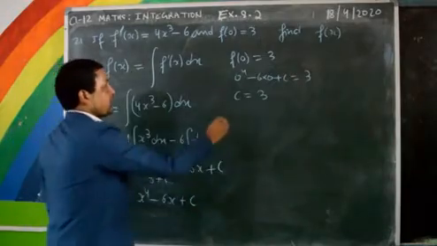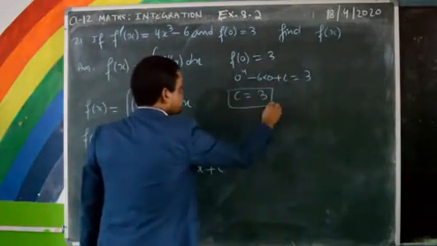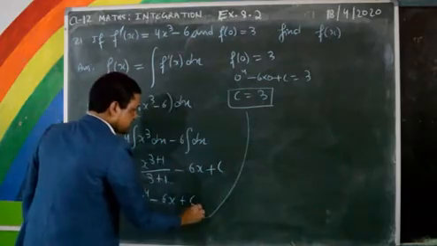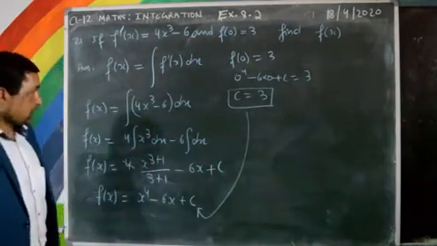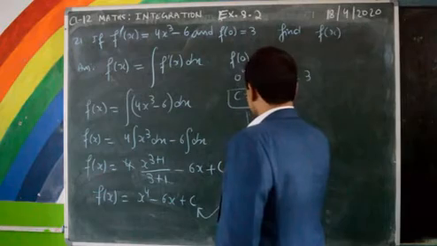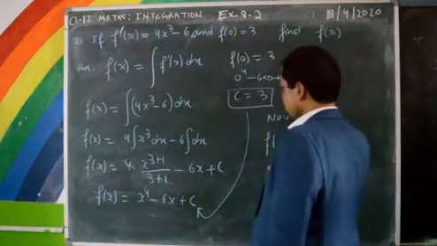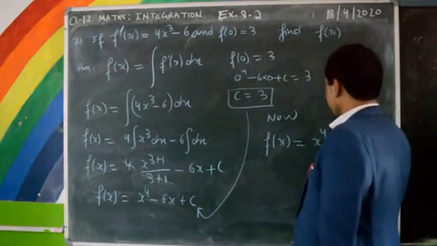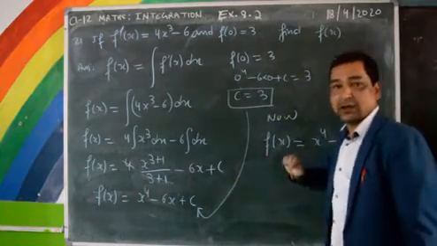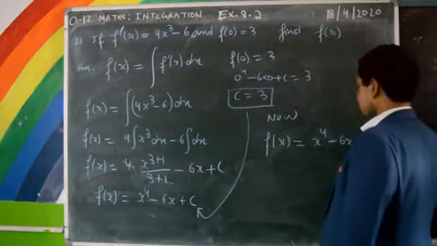Okay, now after getting the value of the integration constant, just come back to here and replace c to get the main question. Now our main function is fx is equals to x to the power 4 minus 6x, and in place of c, what is the value of c? Yes, 3.